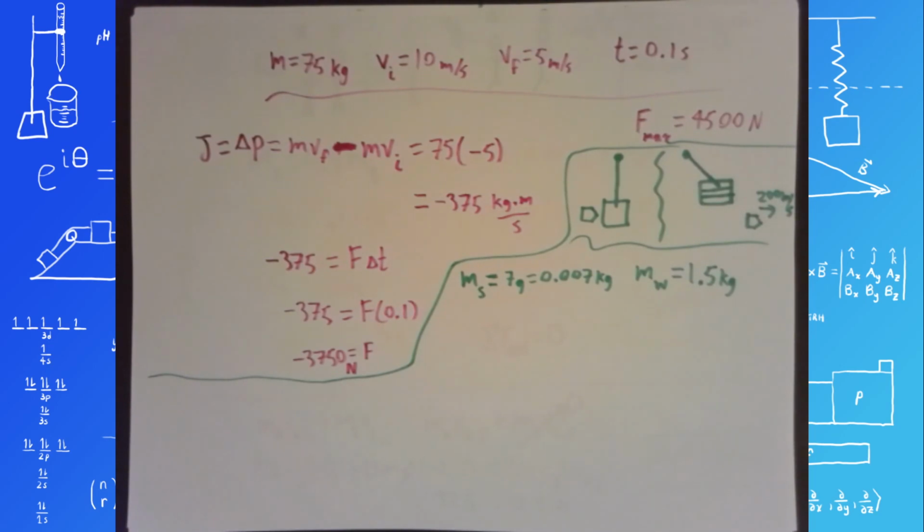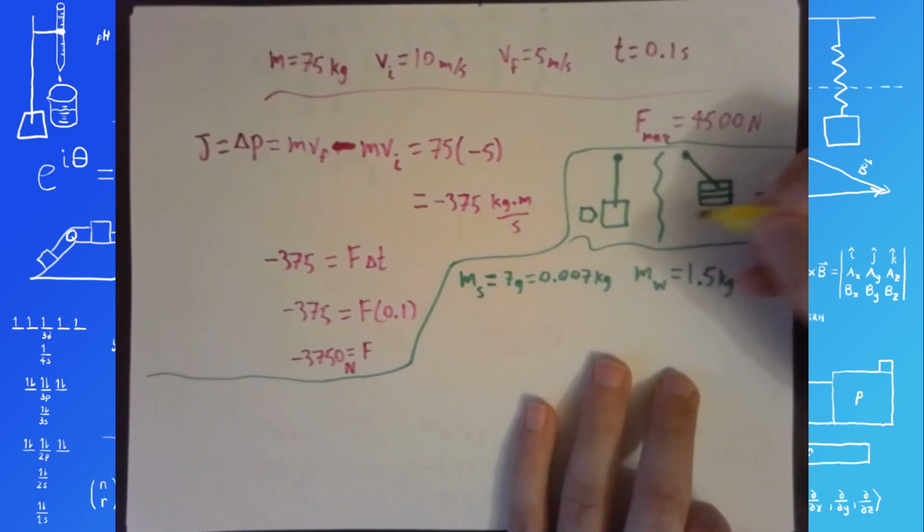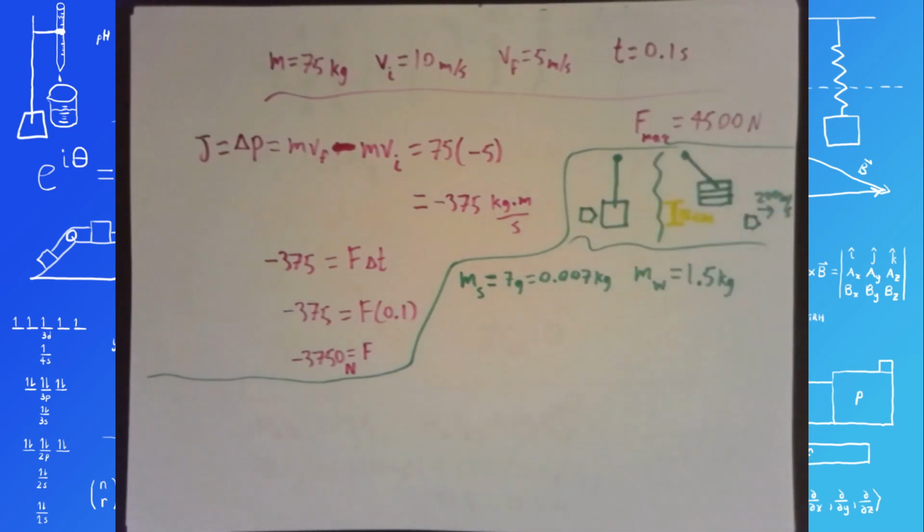And the block rises to a maximum height of 12 centimeters. Let's use a different color for this. So it rises by 12 centimeters. Find the initial speed of the bullet.